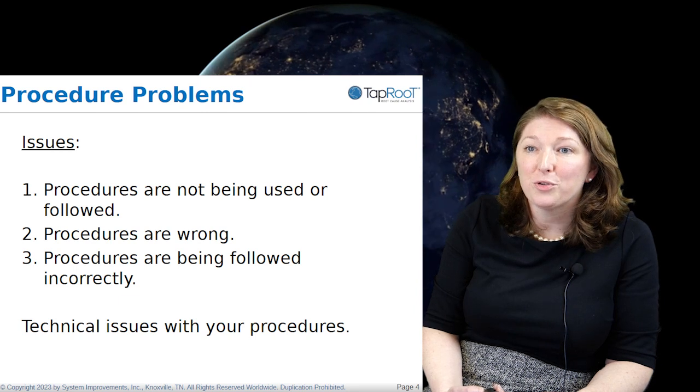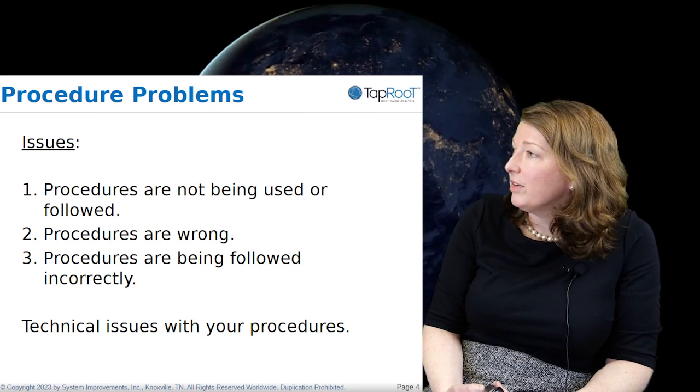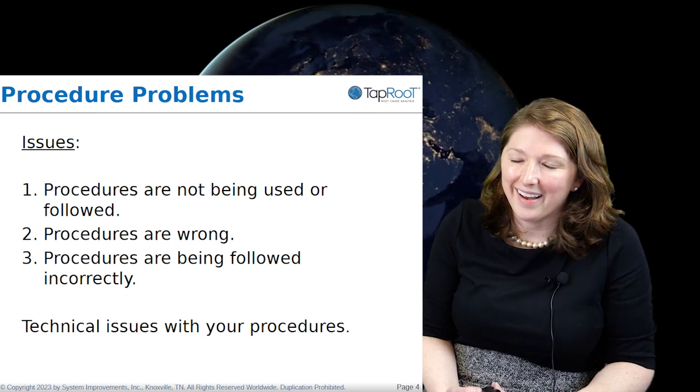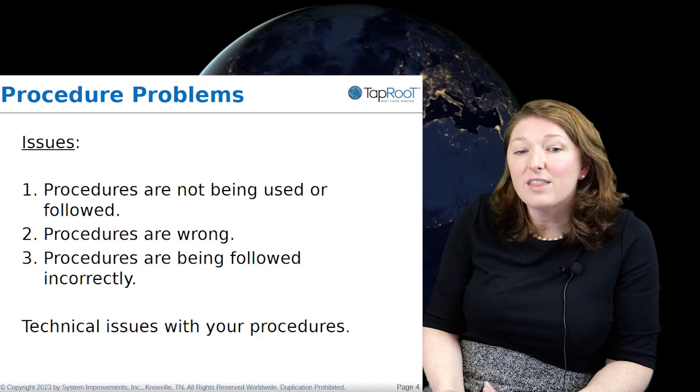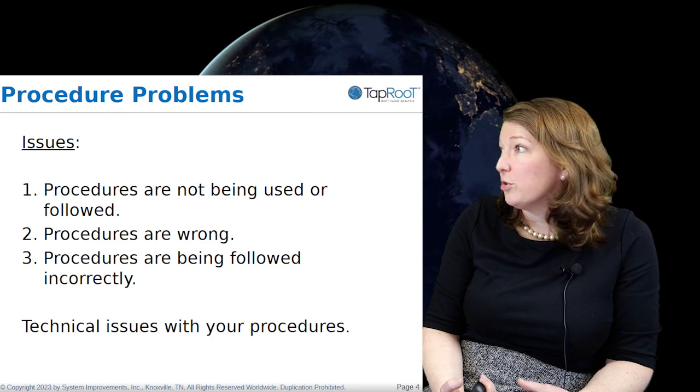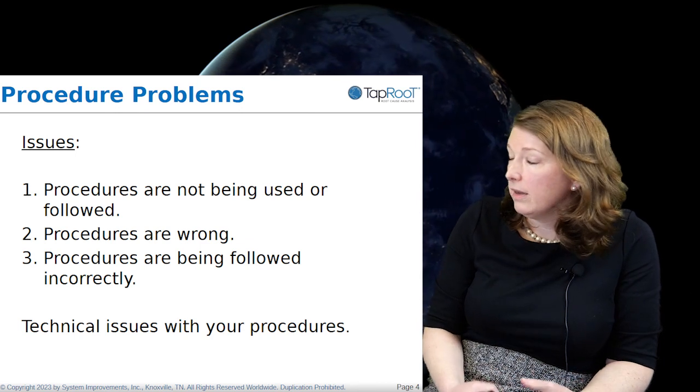If your procedures are wrong, you are definitely going to have some issues with people following those procedures. And then the third one is if procedures are being followed incorrectly. Those are the three main categories under procedures, under the technical piece that can cause problems. So a procedure exists, but it's not being used or followed, it's wrong, or it's followed incorrectly.